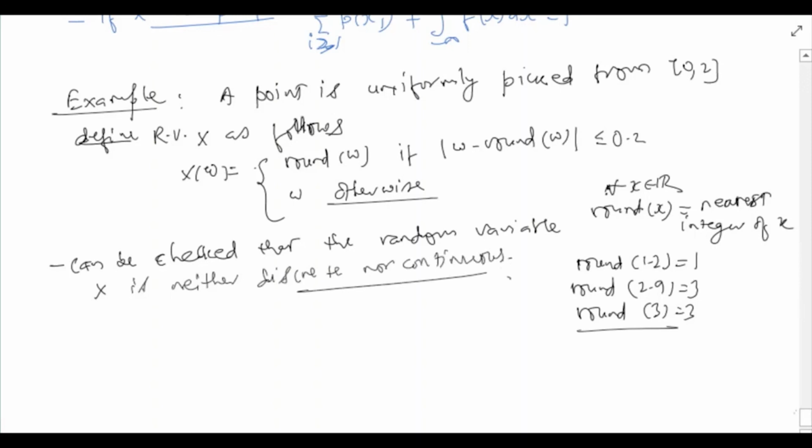We will not continue this discussion as we will only be interested in random variables that are either continuous or discrete. In other words, we will not consider such mixed random variables. This brings us to the end of this lecture. Thank you.